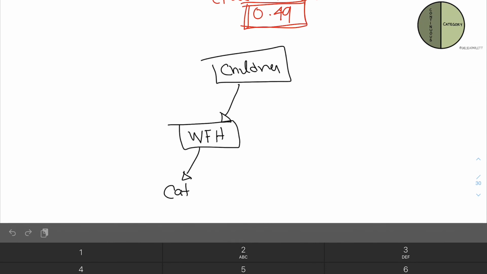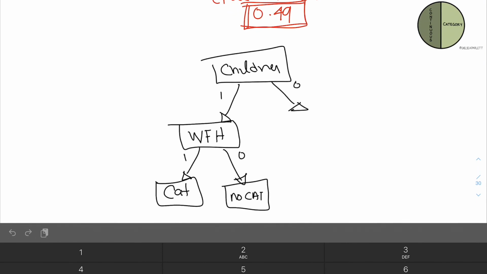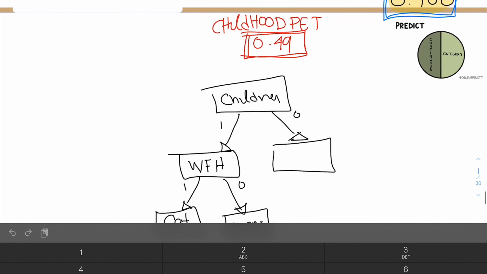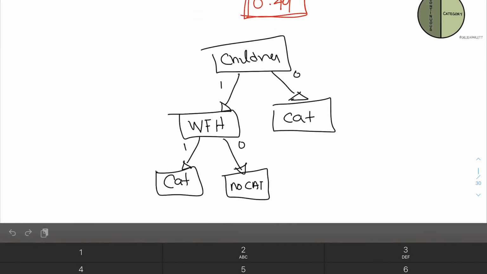If no, and I should put those here, then we'll say you're no cat. Over here, you can see that if you don't have children, we're just going to guess that you do have a cat. So let's color code these really quick. So we have cat, cat, I'll do this color, no cat. So we've essentially just built a decision tree.